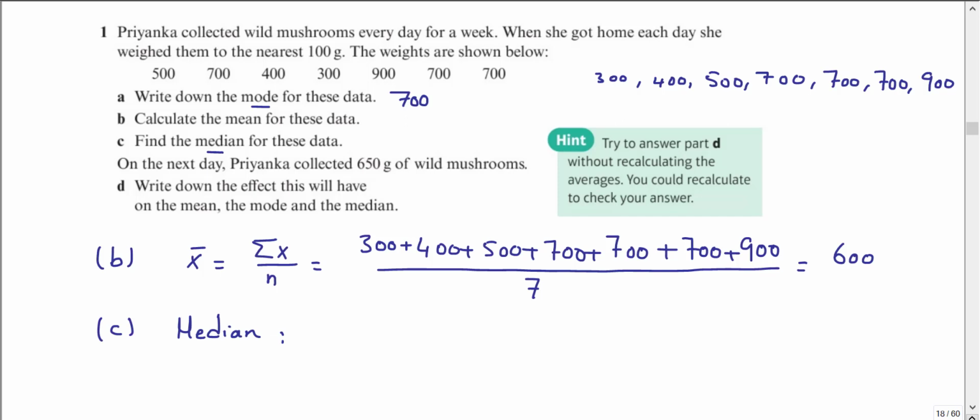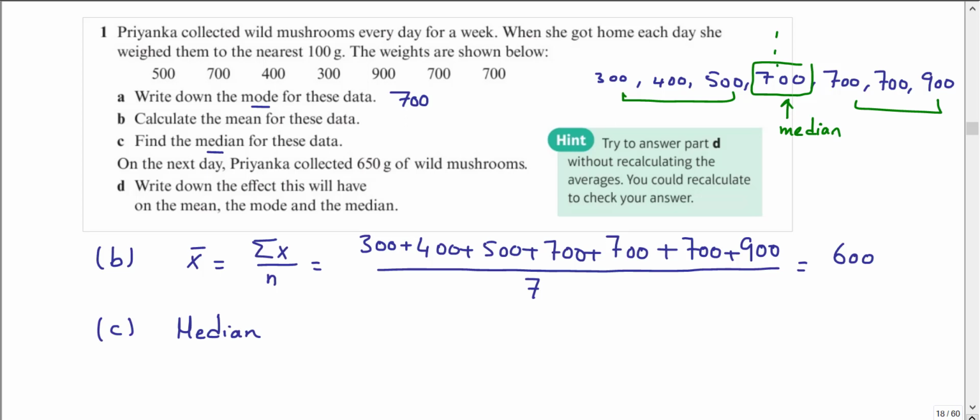What's the median number here? 700. Yes, it's this one. Why is this the median? Because to the left we have 3, to the right we have 3, and it's exactly in the middle. So the median is 700. Very good.